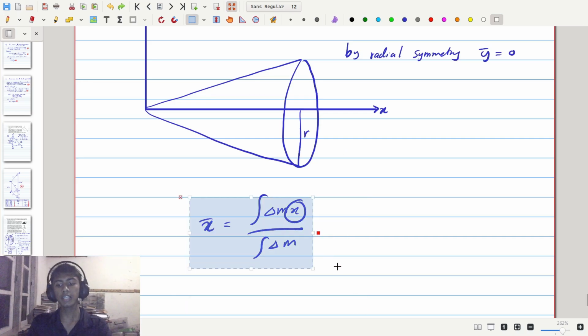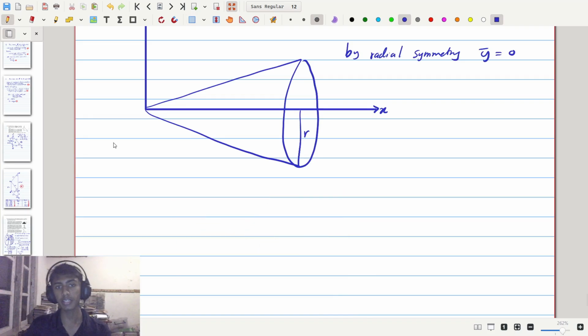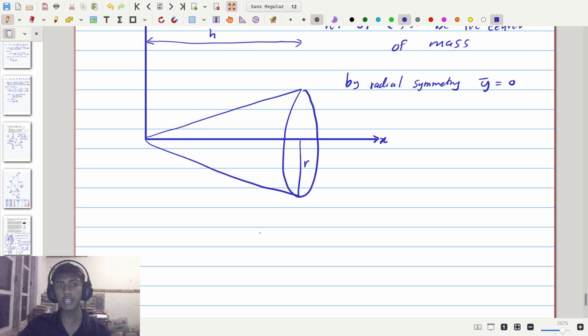So considering the object that we have here, the easiest way to integrate this object would be to integrate it linearly. So I'm going to integrate it linearly by considering a small portion like this of the entire cone. Let's suppose that this is the origin, and the distance from here to here is what I call the variable x.